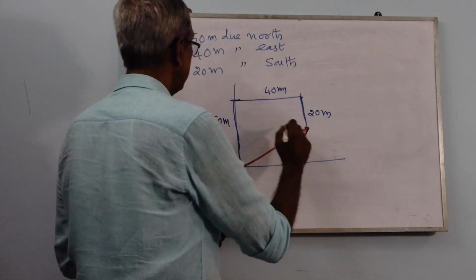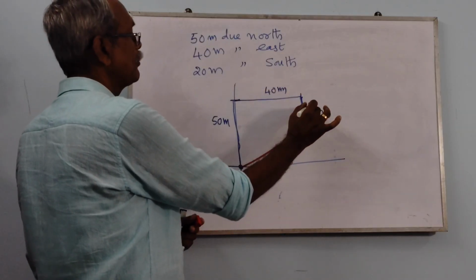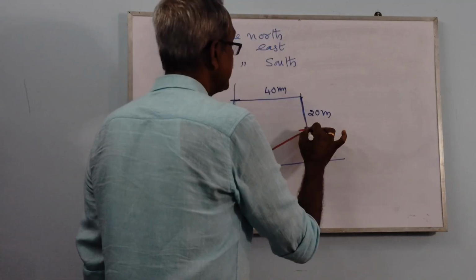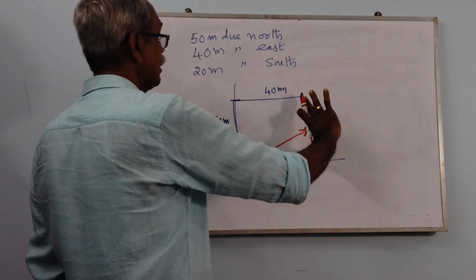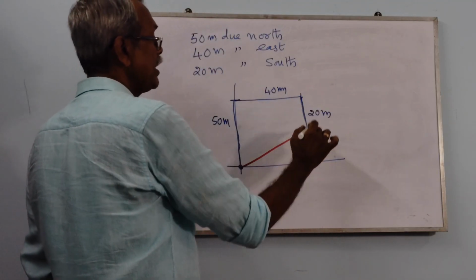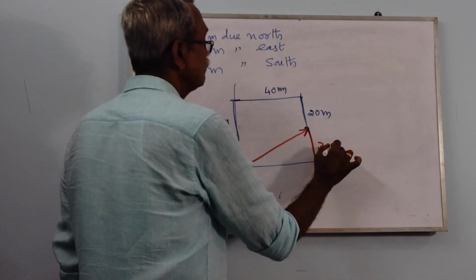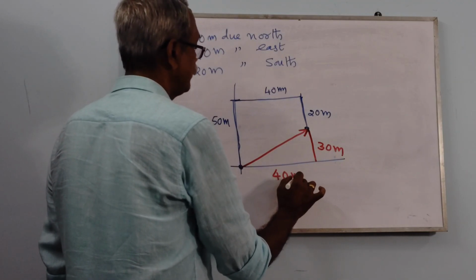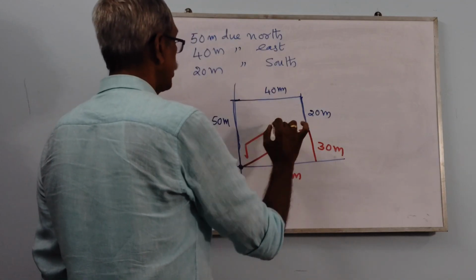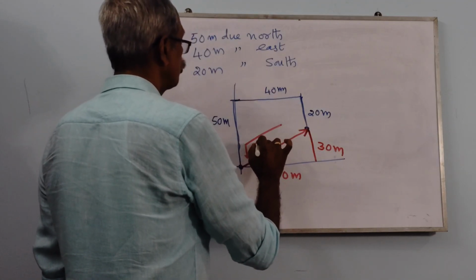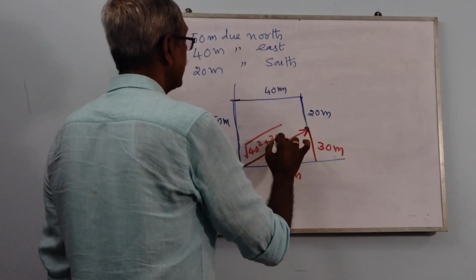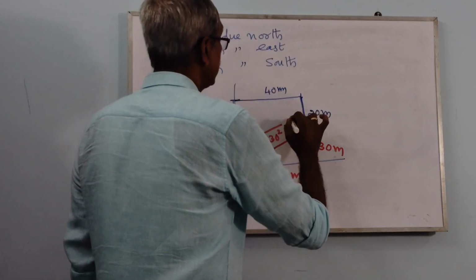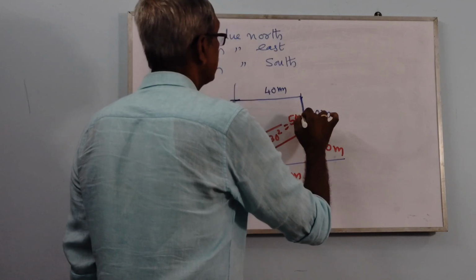Obviously, the distance travelled will be 50 plus 40, 90 plus 20, 110 meter. And this distance, this is total 50, this is 20, so this is 30 meter, this is 40 meter, this is square root of 40 square plus 30 square, which also is a Pythagorean triplet, therefore we get it as 50 meter.